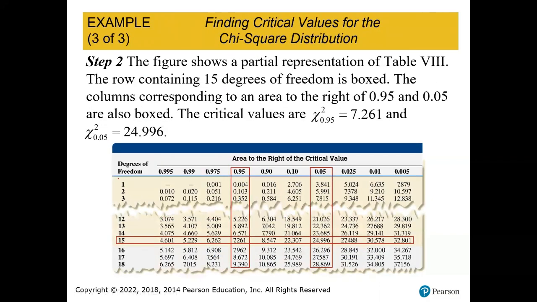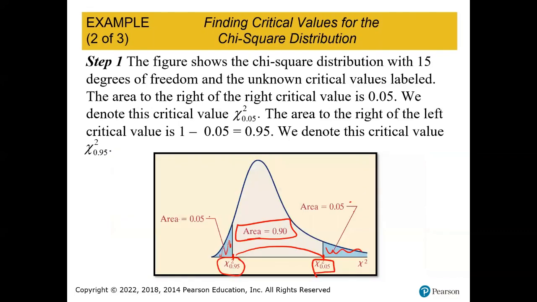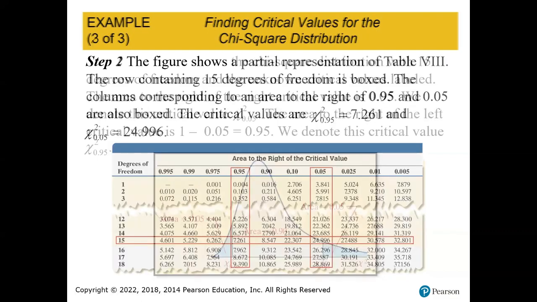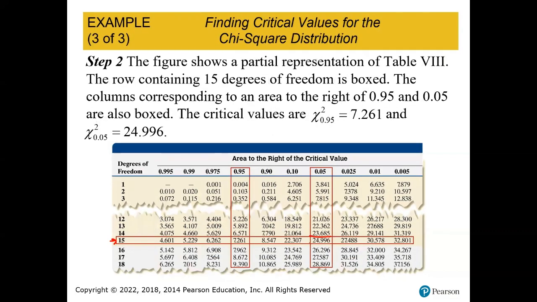So 15 degrees of freedom, you would find the row and then find your corresponding area pieces. So it's area to the right. So that's why we said if there's 5% here, there's going to be 95% to the right. And then if we want 5% here, we want 5% in the tail. So it ends up being these two values.